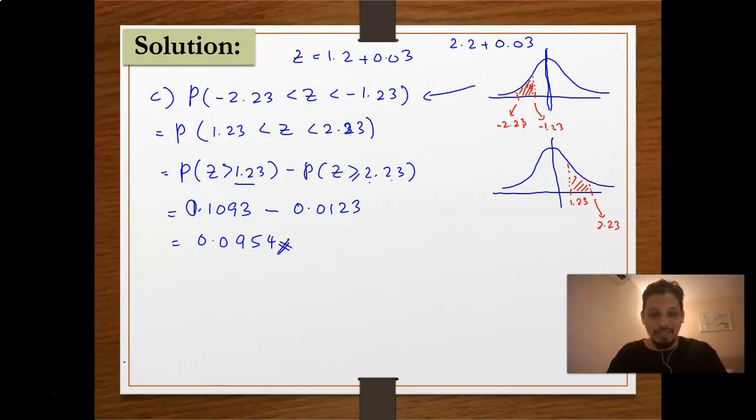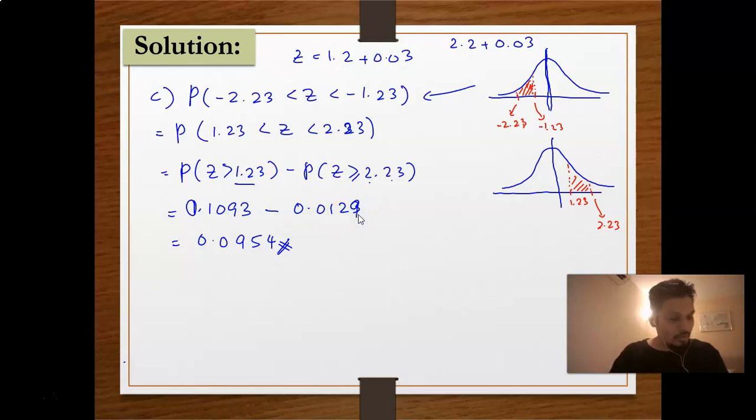Sorry, I miswrote that. It is 0.1093 minus 0.0129. I made a mistake there.